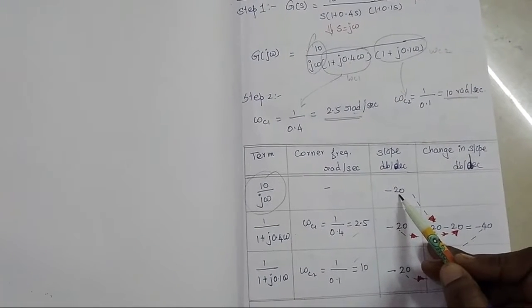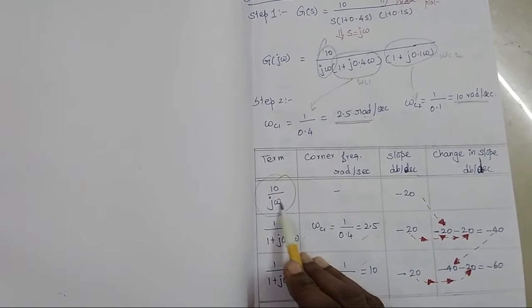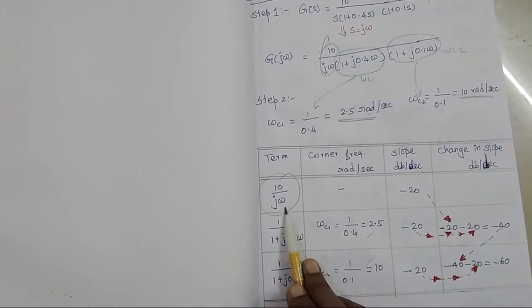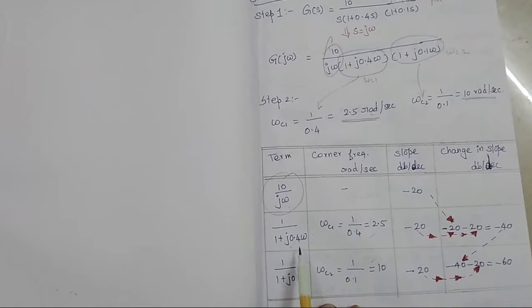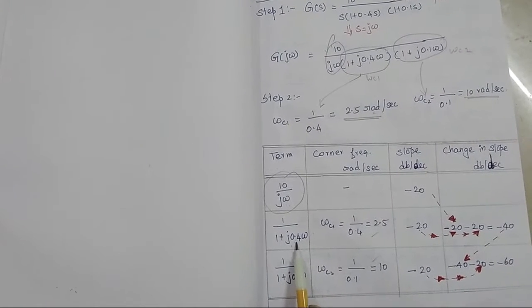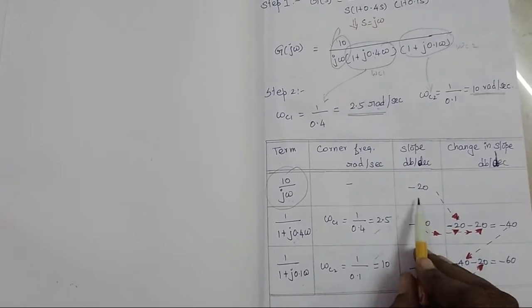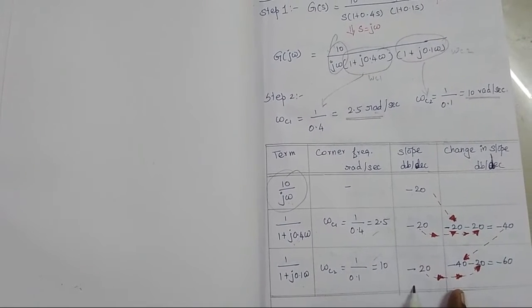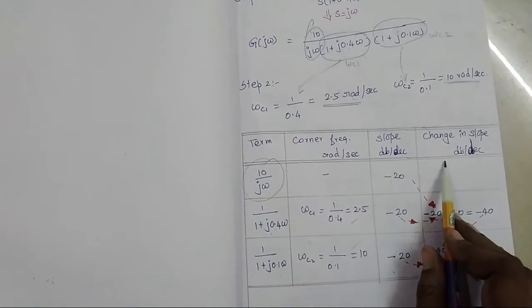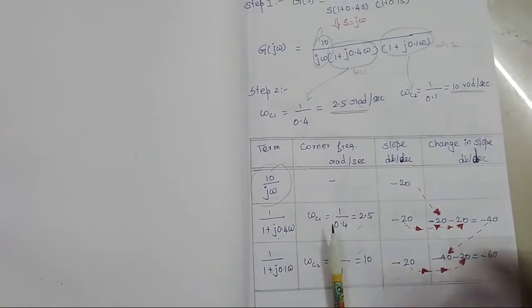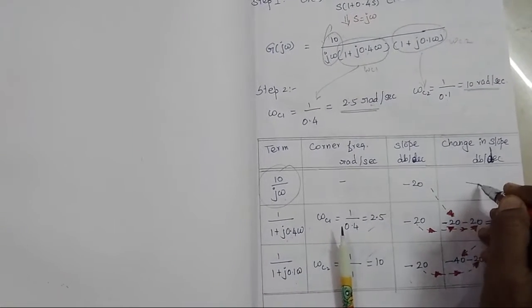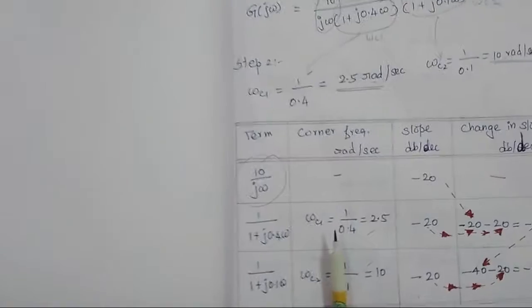One single S term in the denominator, here 1 j omega term, here also 1 j omega term, and here also 1 j omega term. So, the slope becomes minus 20, minus 40, minus 60. Then the change in slope. Here there should not be a change in slope, this is the first term, so put a dash.